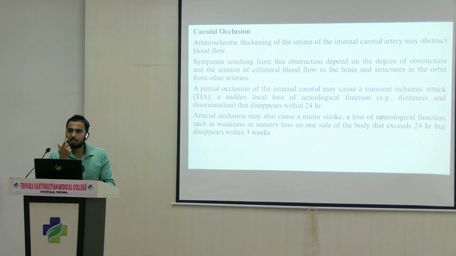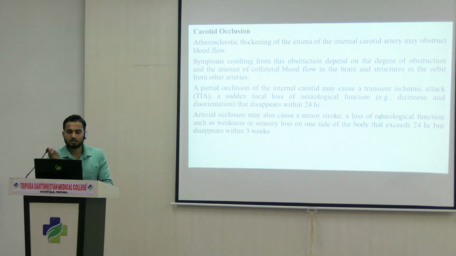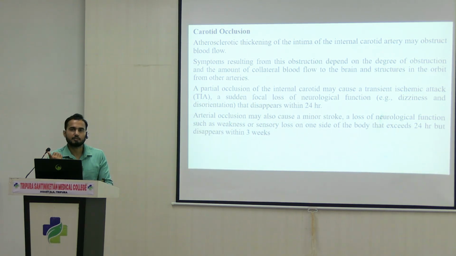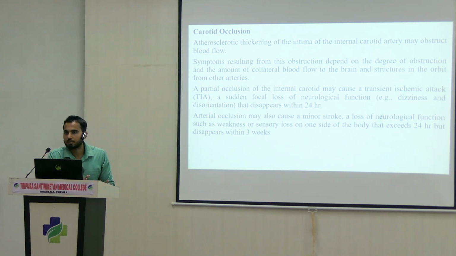The carotid artery, especially the internal carotid artery, may develop atherosclerotic thickening, which will reduce the size of the lumen. As a result, partial obstruction may take place. Since the internal carotid artery supplies blood to the brain, a neurological condition may be there.